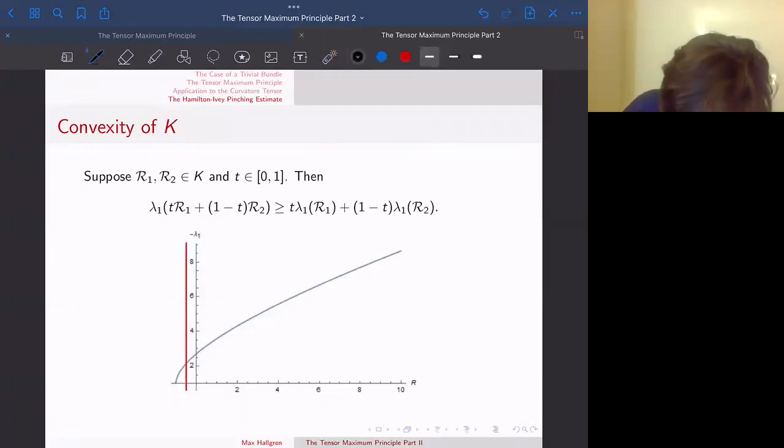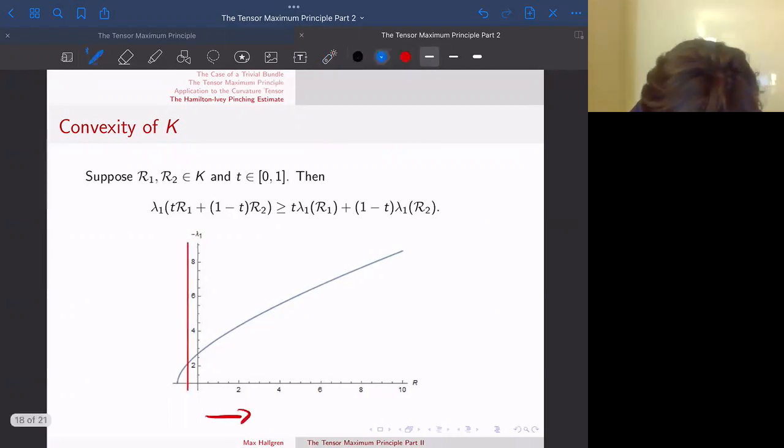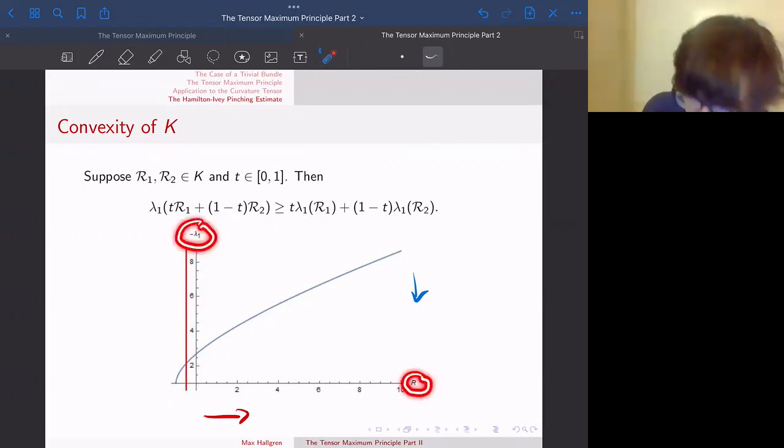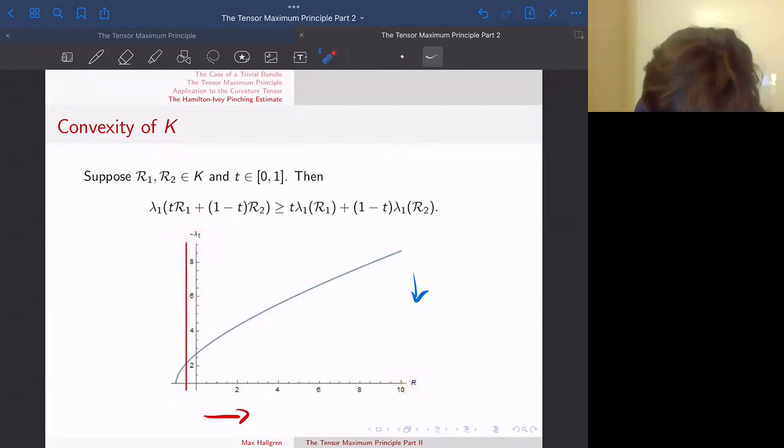So this subset is going to be everything to the right of this red line and everything under this blue line. So it's pretty easy to see here it's convex. And then in order to relate this, on this axis we have the scalar curvature, and on this axis we have the negative part of the lowest eigenvalue.